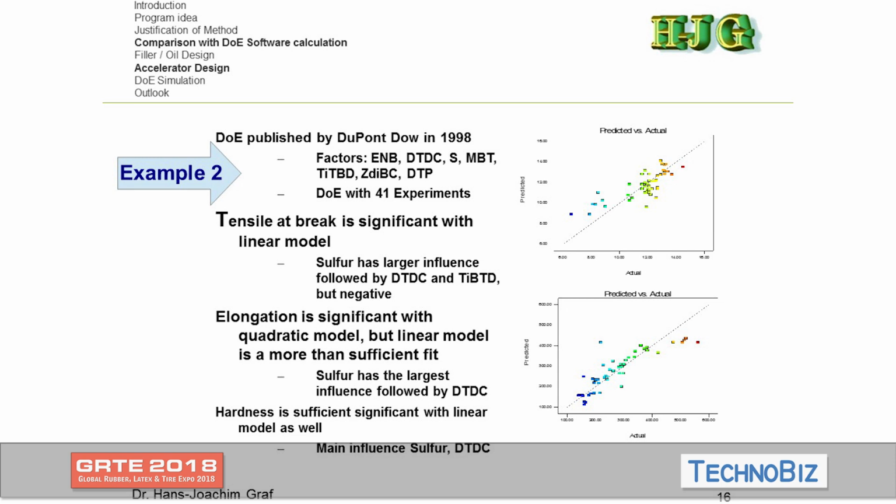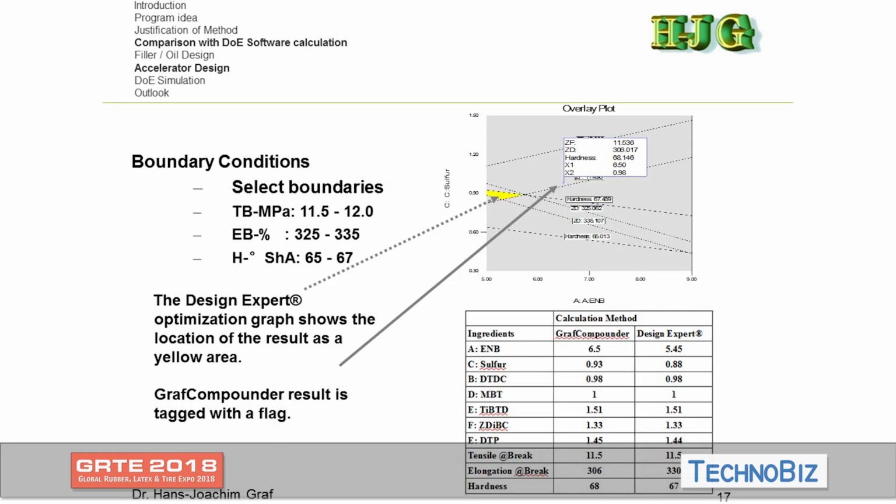So the next example is a larger trial given by DuPont in the past on the effect of some accelerators and on EPDM with a different ENB. And there's also a tensile and elongation significance. Even you see that it's more cloudy now, so measurement error is much higher. Prediction lacks of a precision.